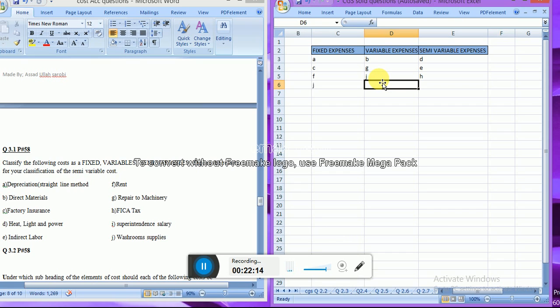We explained fixed, variable and semi-variable cost in our starting lectures. Fixed costs are those costs which remain constant and unchanged. So such cost is called fixed cost.